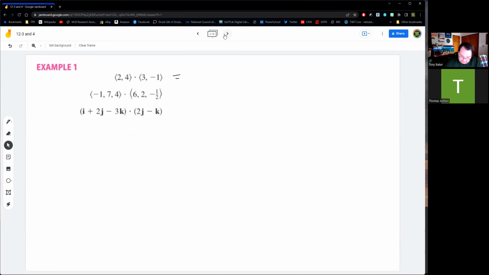So it's 2 times 3 plus 4 times negative 1. So I've got 6 plus negative 4, which ends up equaling 2.